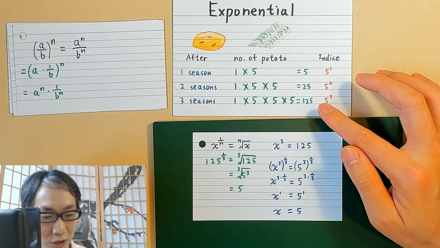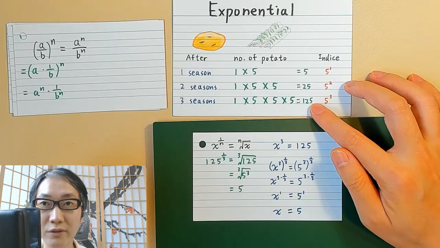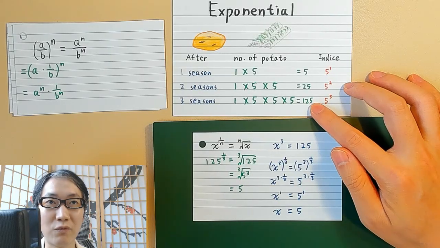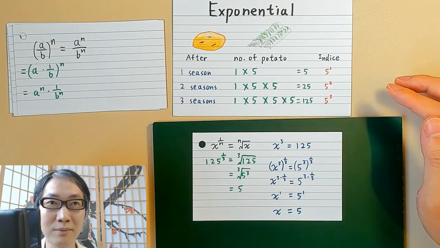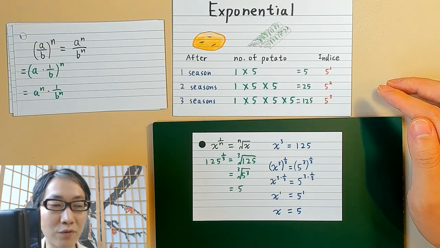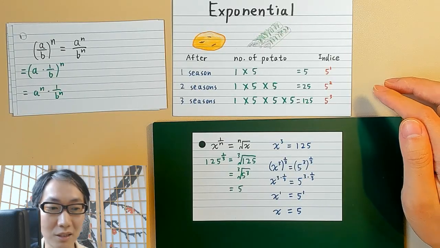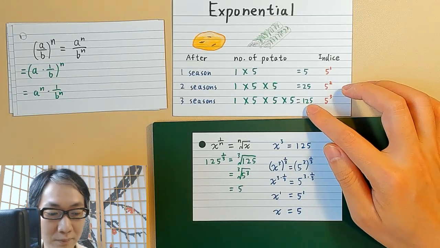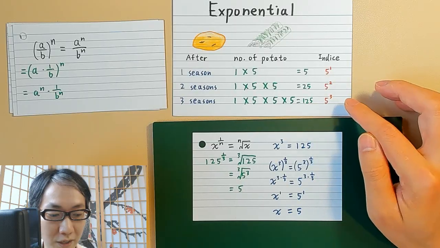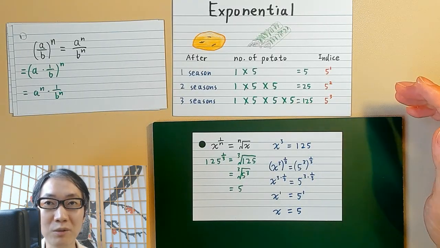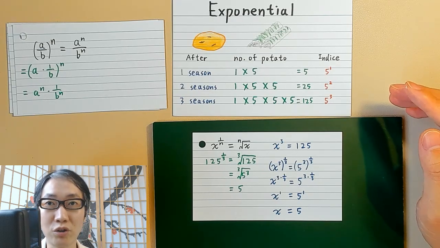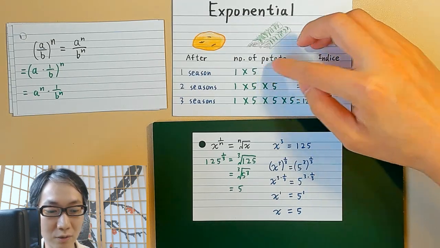So imagine a situation that now we are after season 3. We have 125 potatoes counted, and we know that we're running for 3 seasons. But what if we want to find the exponential factor just from these two values? The 125 and 3 is all we have. Can we trace back and find what is the original exponential factor? The 5 here.